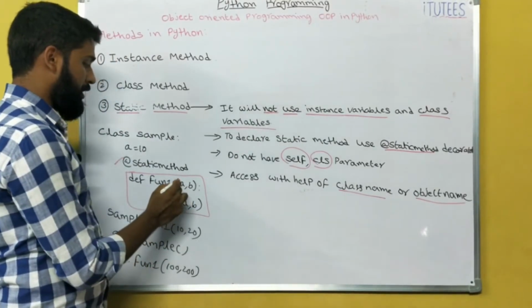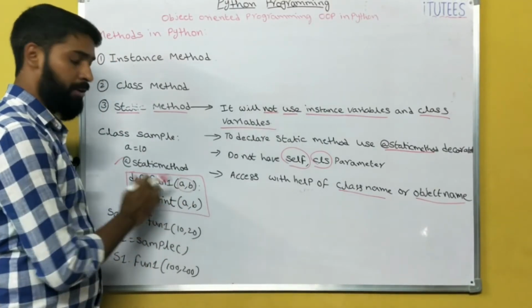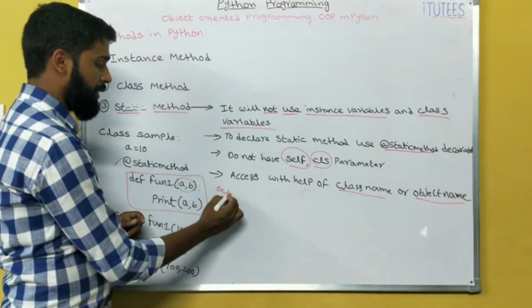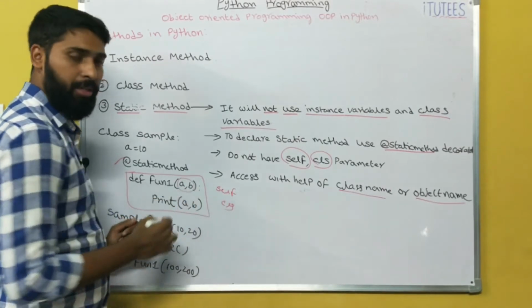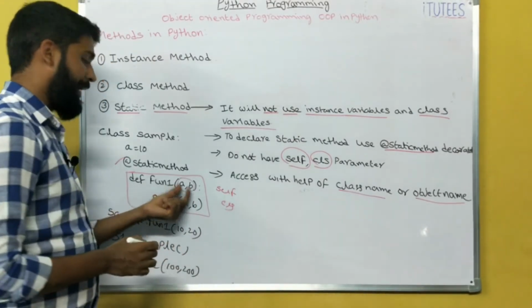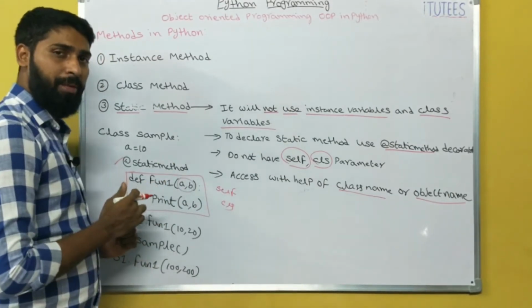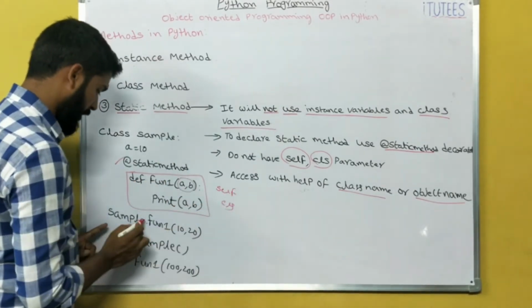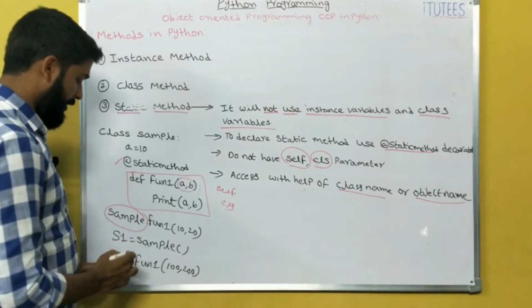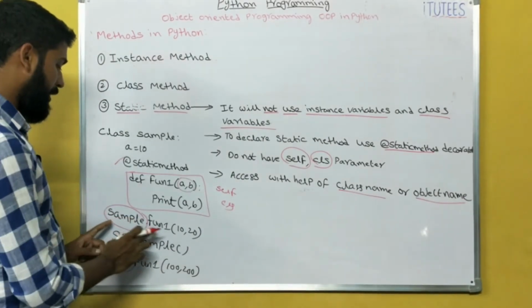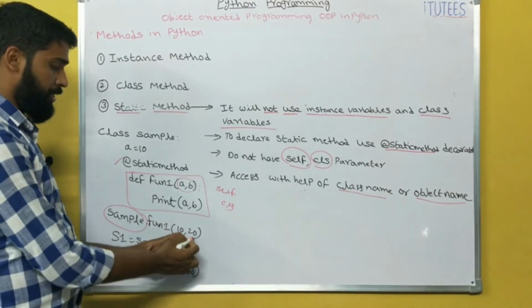If you observe, there is no self parameter and no cls parameter in this static method. Directly I am giving a, b. How can we access the static method? With the help of class name or object name. So Sample.function1, I am giving 10, 20.